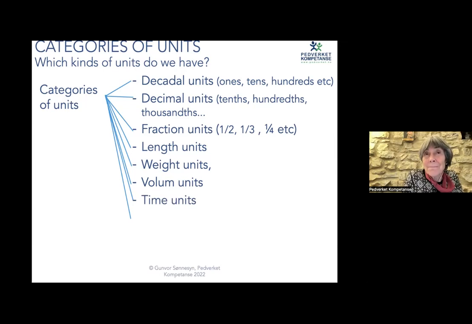Time units. Then we come to a much more complicated system, with the 60 number system when we speak about seconds and minutes, and the 12 number system when we speak about hours in day and night. And this is maybe one reason why quite some children struggle with telling the time. And those children with ADHD very often struggle a little bit longer, at a little bit higher age than the rest of the kids.